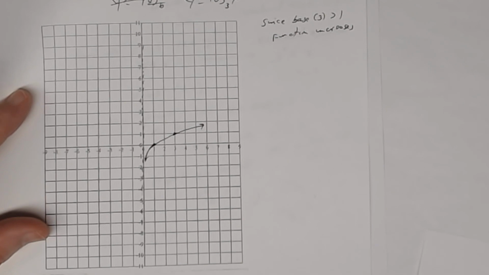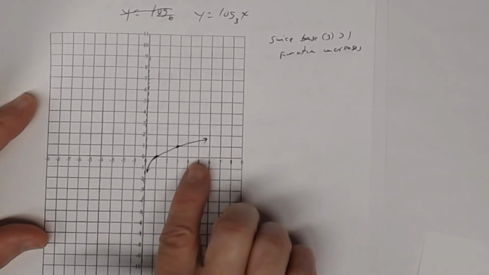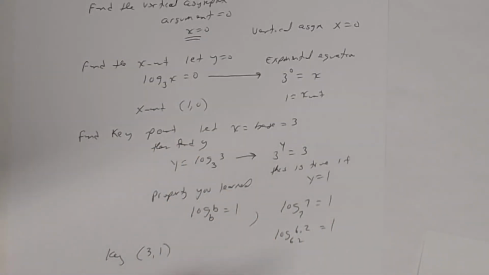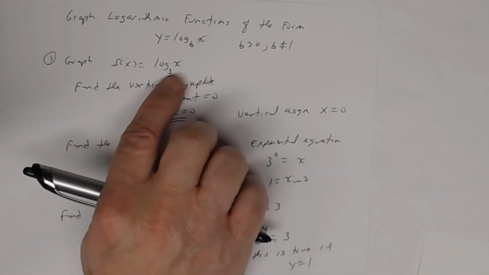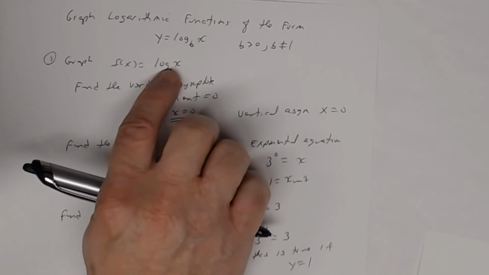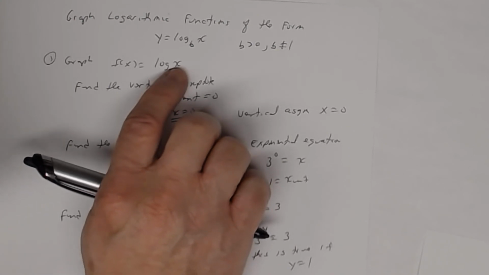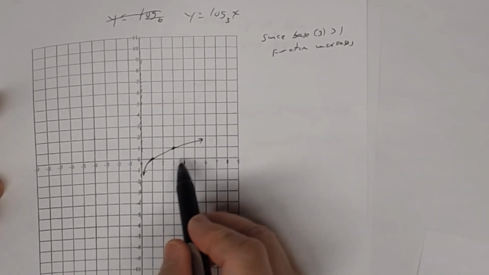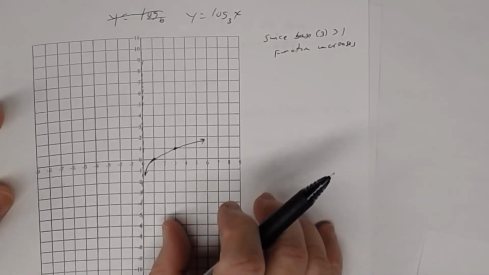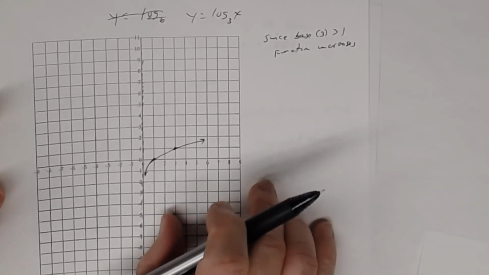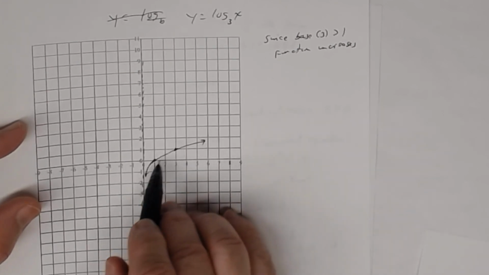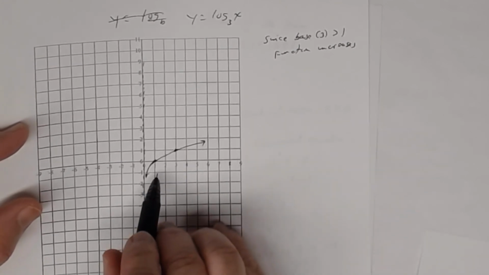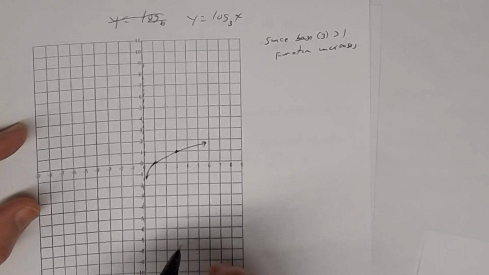So there's the graph. Now, once you learn about change of base formulas, then you could go ahead and use your calculator to find more points. But for right now, we haven't talked about the base change formula yet, so I'm going to keep it like this for now.